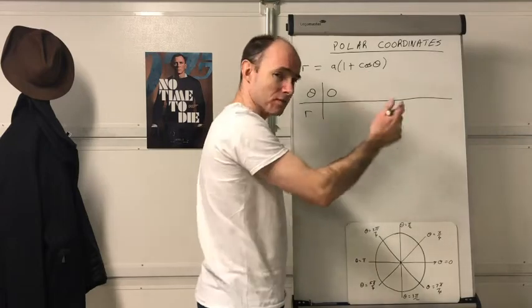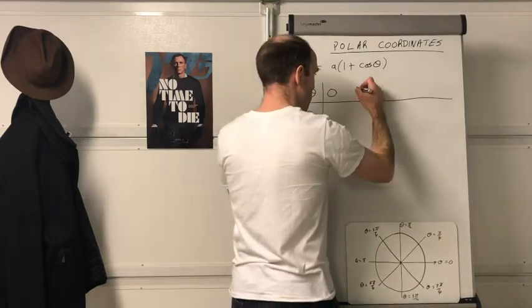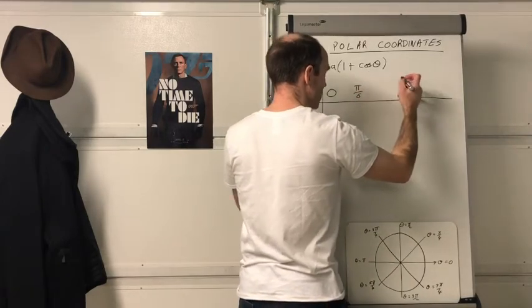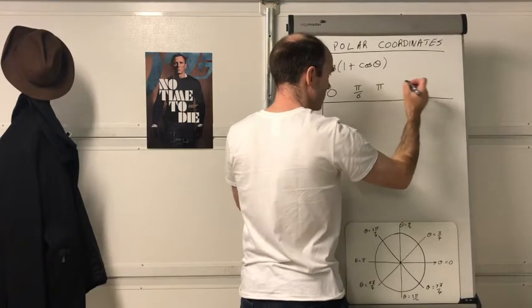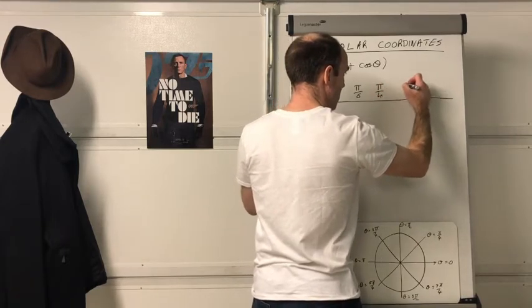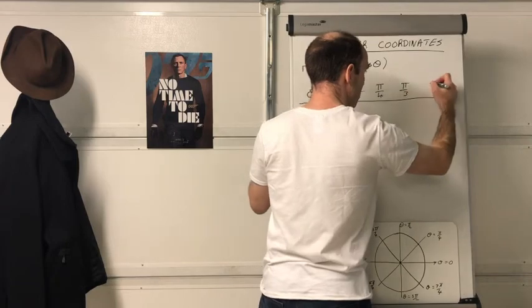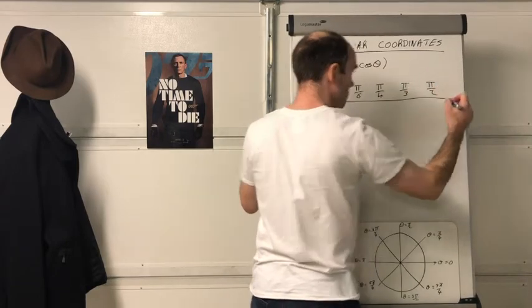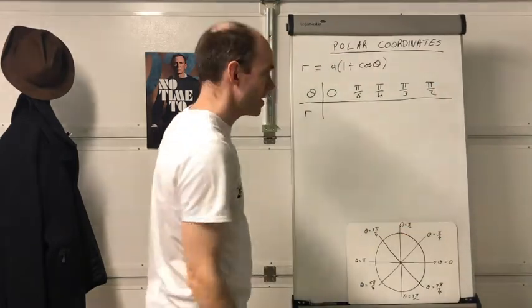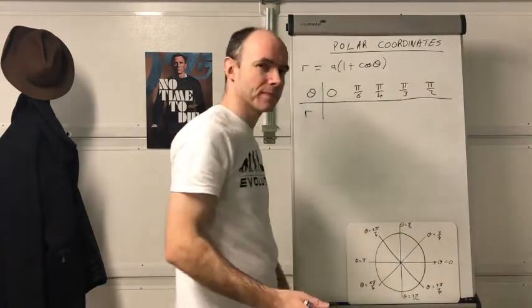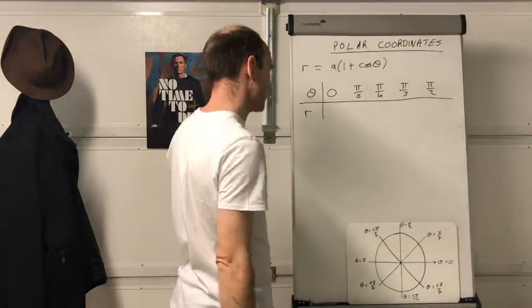When there's trigonometry involved, I choose values like pi over 6, pi over 4, pi over 3, pi over 2, and you can keep on going to 2 pi. I'm just going to choose that for the time being.